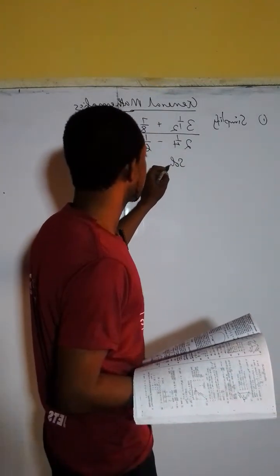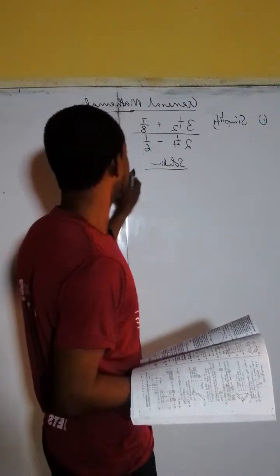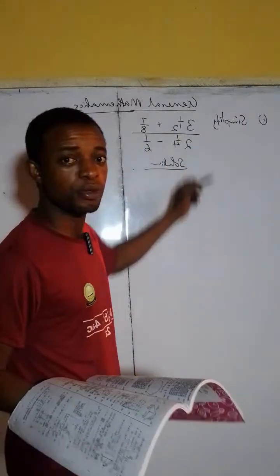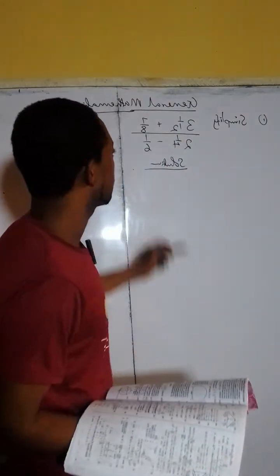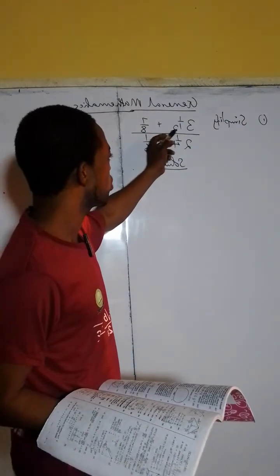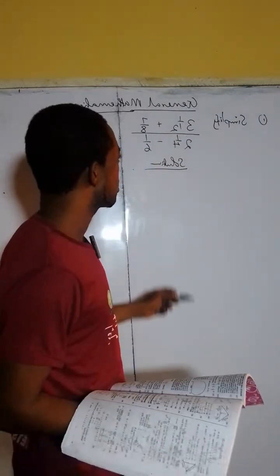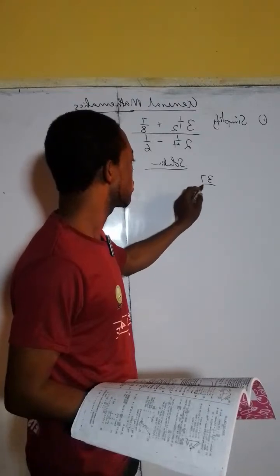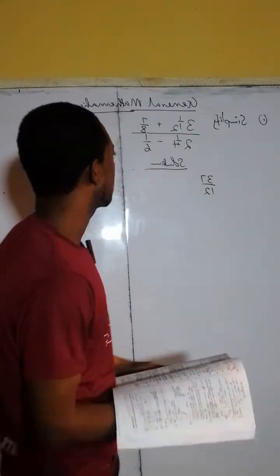To simplify this, we can change the mixed fraction there to improper fraction. From the numerator here, we have 12 times 3, that's 36, plus 1, that gives us 37/12 there.